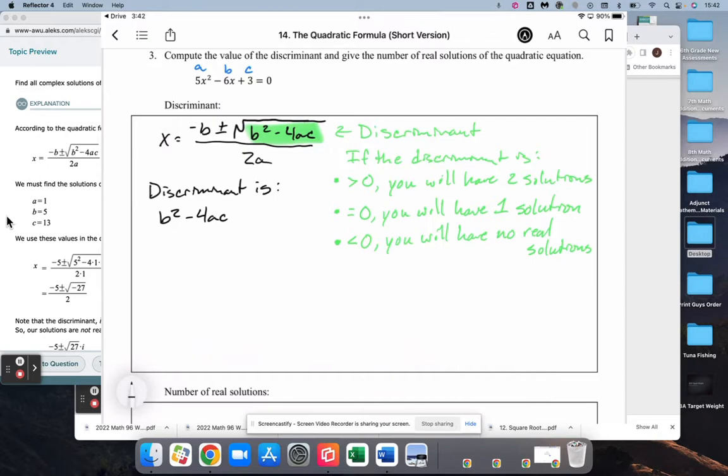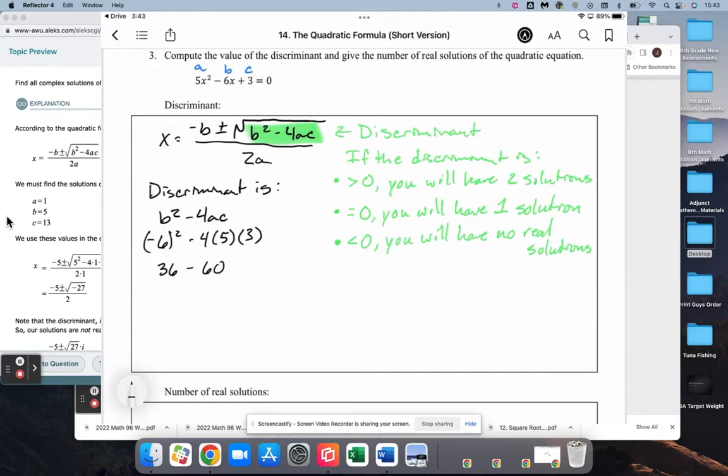And we have our b term is negative 6 squared minus 4 times 5 times 3. So we're just plugging the numbers in for the discriminant just like we would if we were doing the whole quadratic equation. We're going to see if the discriminant is greater than 0, equal to 0, or less than 0. And so negative 6 squared is positive 36. 4 times 5 is 20. 20 times 3 is 60.